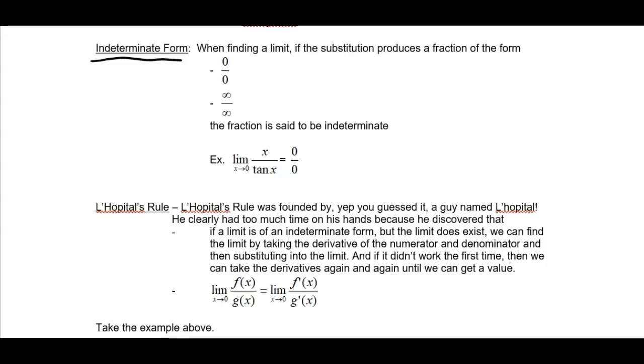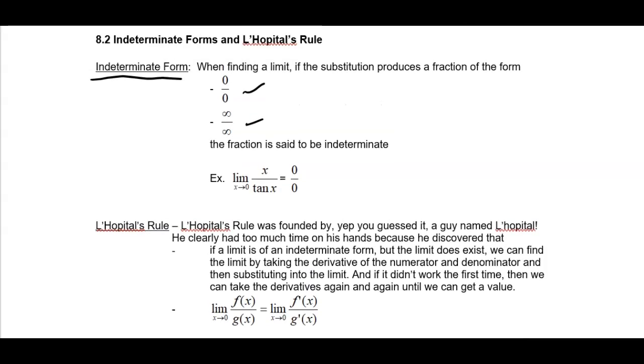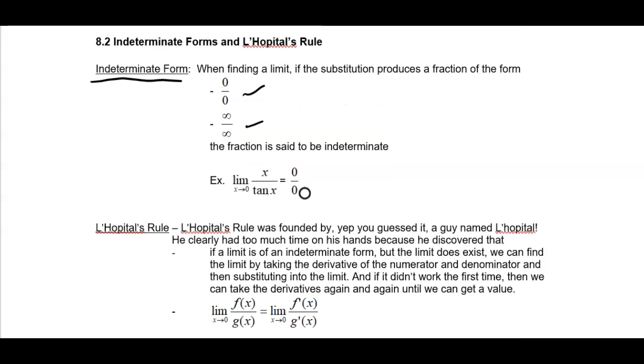If something is of indeterminate form, so again, one of these 2 things are the ones we're going to be dealing with, then we can use what's called L'Hopital's rule. Using L'Hopital's rule allows us to use derivatives to find our limit.